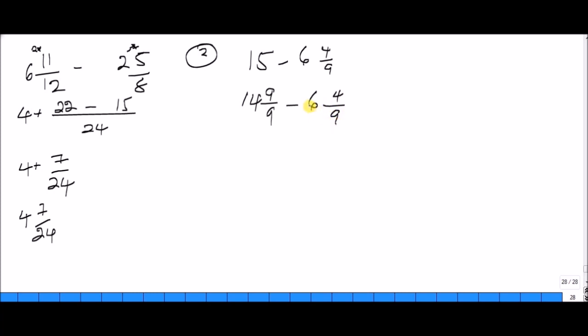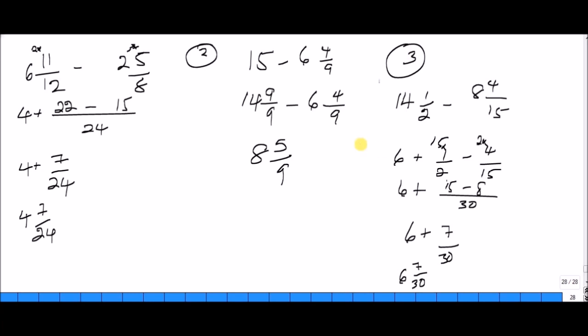So we say 6 from 14 would leave us with 8, and because the denominators are the same, we say 4 from 9, so we have similar denominators, so we don't need to worry about finding an LCM as we did there. So 4 from 9 would be 5 over 9, so 8 and 5/9.